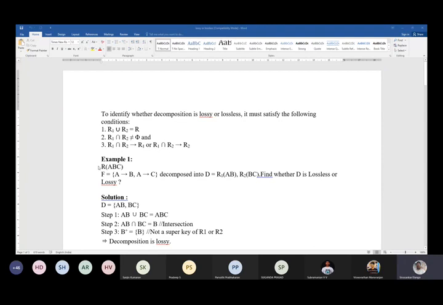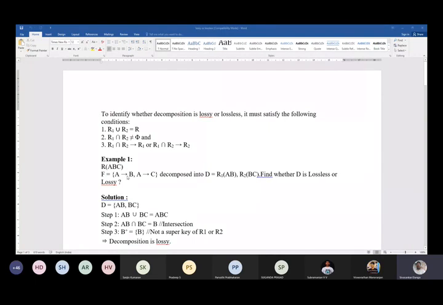So let us look into example one, right? In example one, let us assume that you have a relation R with attributes A, B, and C respectively. You are going to decompose the relation R into fragmented relations R1 with attributes A, B, and R2 with attributes B, C, and there exists some functional dependency between the attributes in the relation, right?